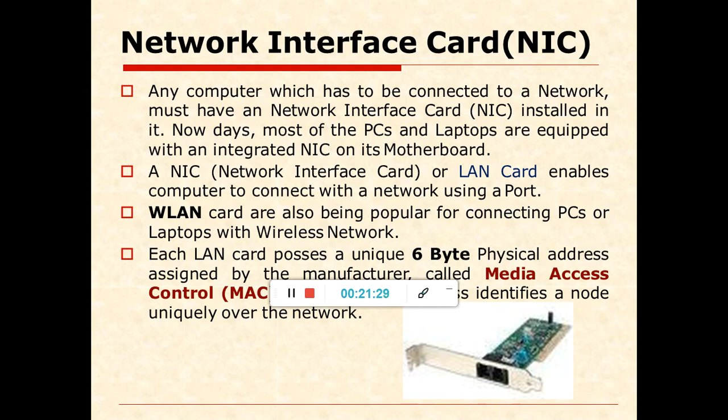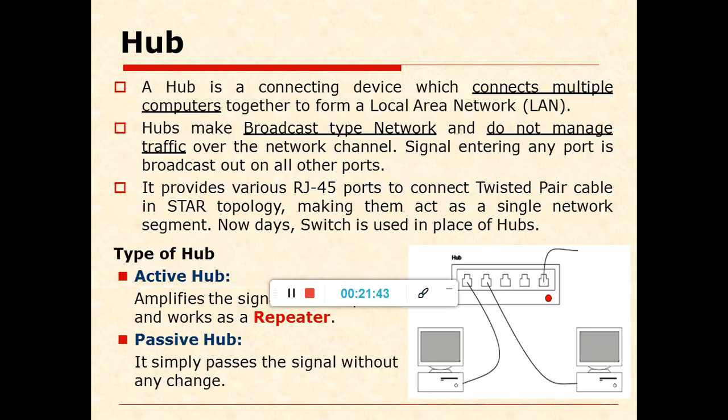So what is the use of the MAC or physical address? It is used to identify a node or computer or system over a network. Okay children, this one is a NIC.